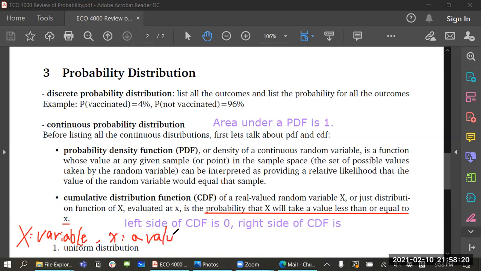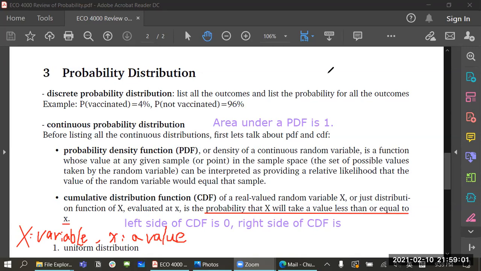Some people probably start to feel confused. That's fine, it takes time. After several examples, you'll feel more comfortable about it. So CDF tells you at every point the value of the probability of everything at the left side on PDF. I feel that I cannot use any words to describe CDF, so probably we'll go through some examples, then we'll have a better idea.